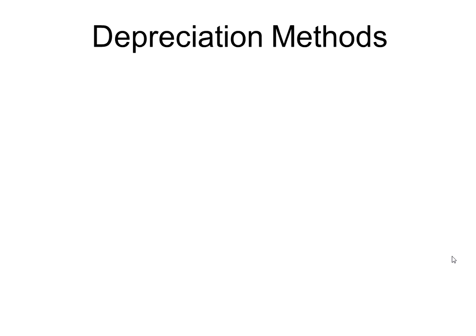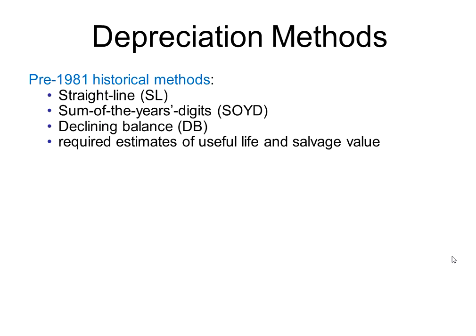So what are the depreciation methods? Well, the pre-1981 historical methods include the straight line or SL depreciation method, sum of the year's digits or SOYD method, and declining balance or DB method, and required estimates of useful life and salvage value.